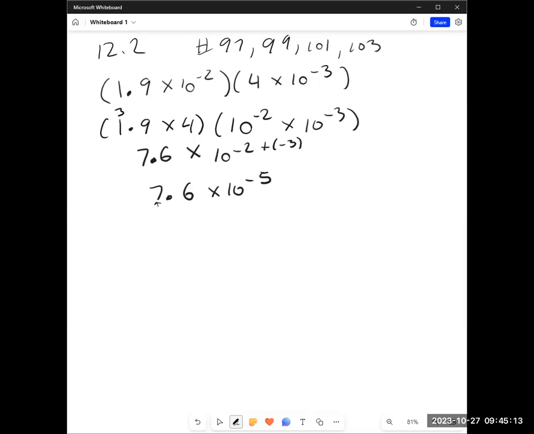Because this is 10 to the negative fifth, this was in the 100,000ths place. So this is 7.6 100,000ths, or 76 millionths.